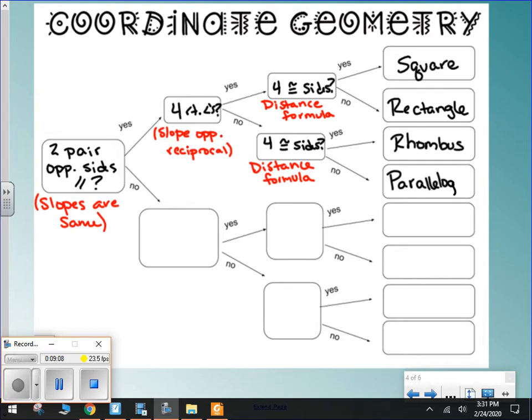That's if I have two pairs of opposite sides parallel. If I go back to the beginning of the flow chart and I actually say no to the first question, meaning I don't have two pairs of opposite sides parallel, the next question you're going to ask, do I have one pair of opposite sides parallel? That is still checking to see if slopes are the same.